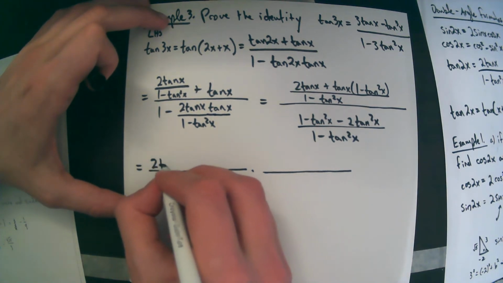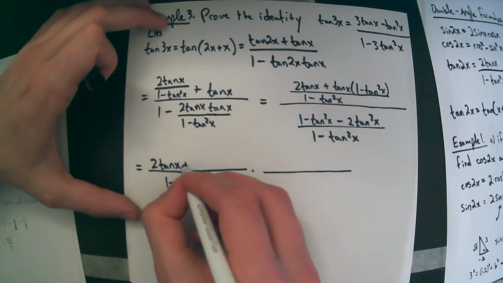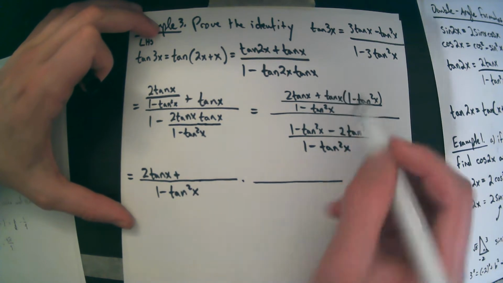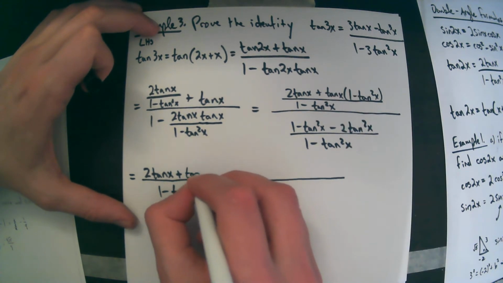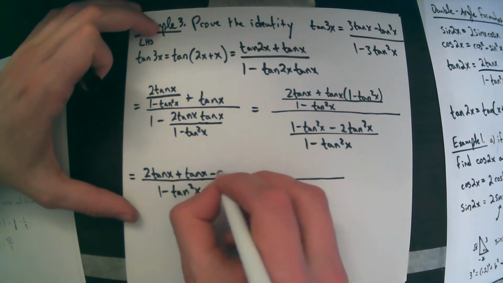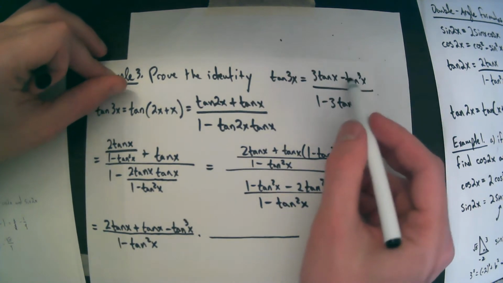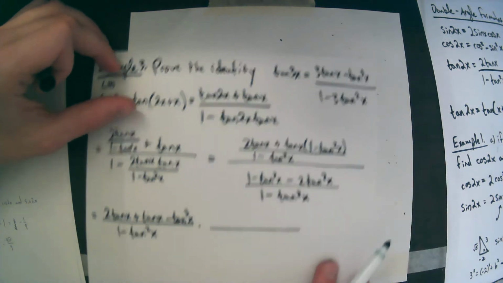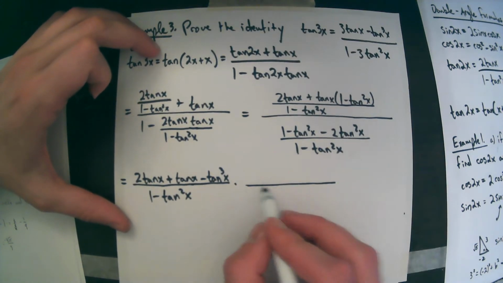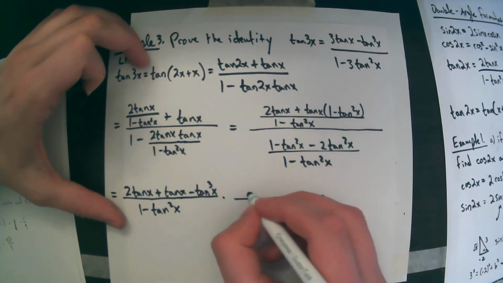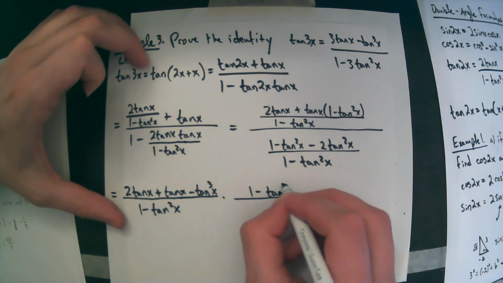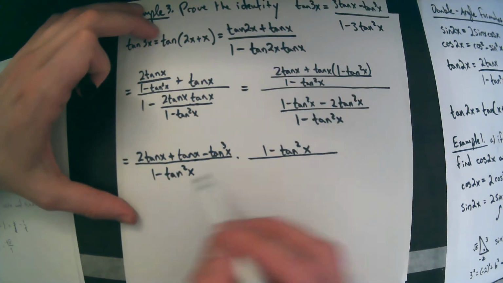I'm going to have 2 tangent x, not distributing this tangent x, plus 1 tangent x, minus tangent cubed x. That's looking good because I'm supposed to have that up top over here. And then times the inverse of this fraction. So I put that denominator up top.